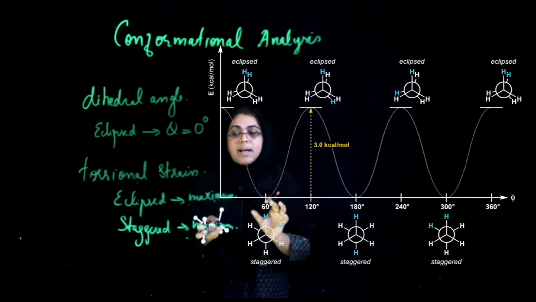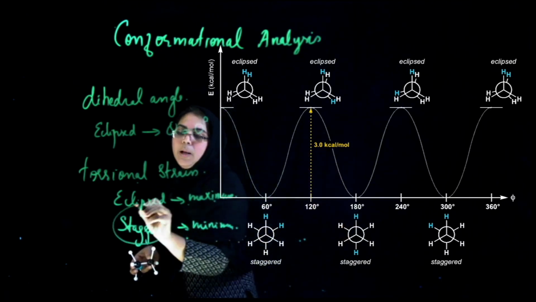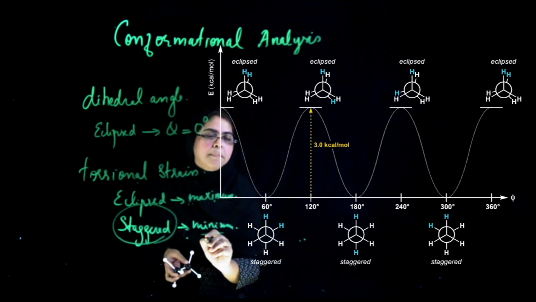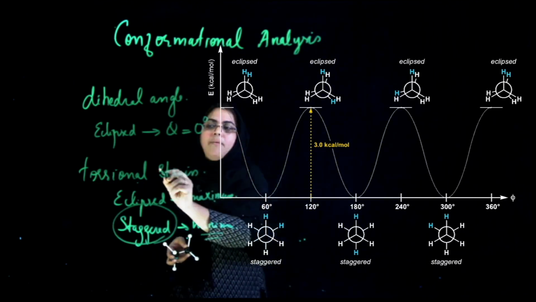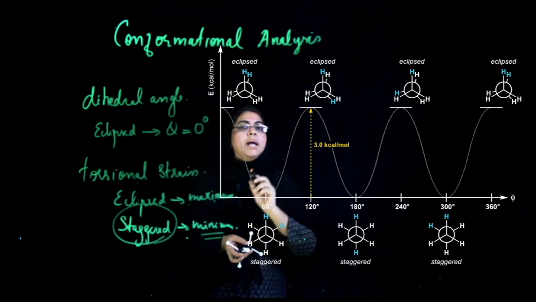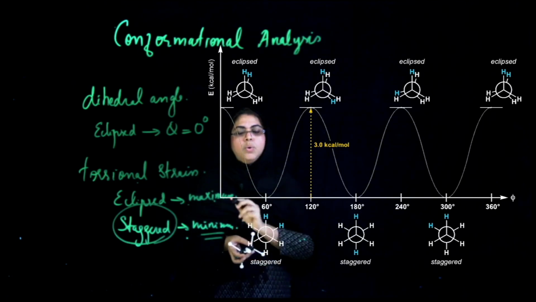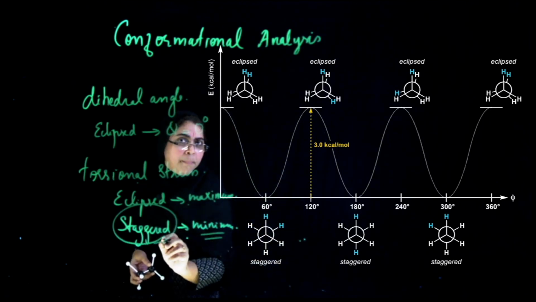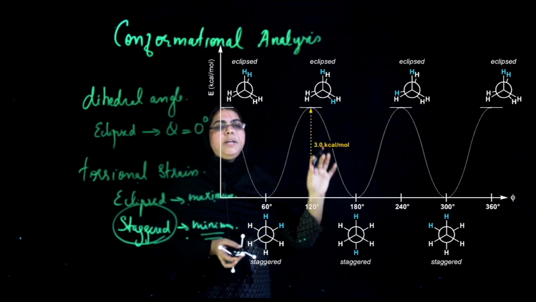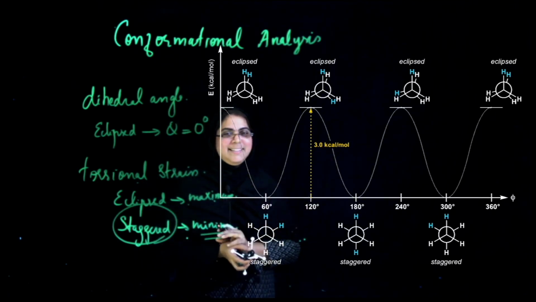When they are in equilibrium, staggered will predominate because it has minimum energy. As it has less torsional strain, it possesses minimum energy. So staggered is the predominating form among the conformational isomers of ethane.